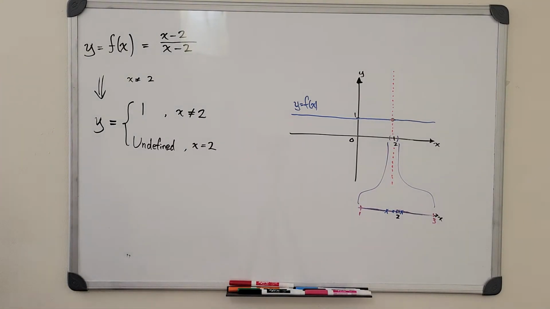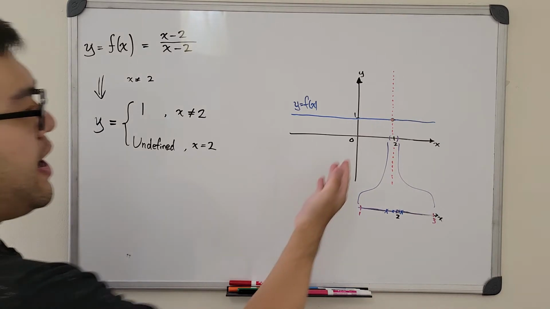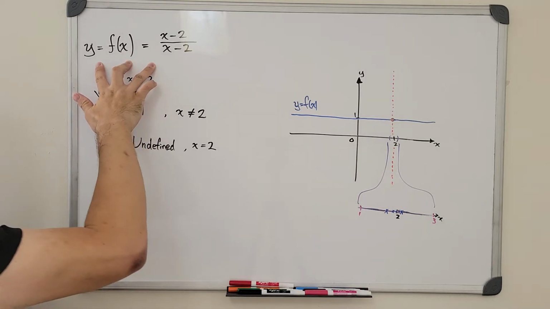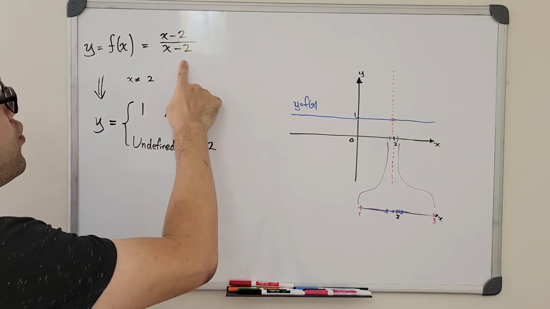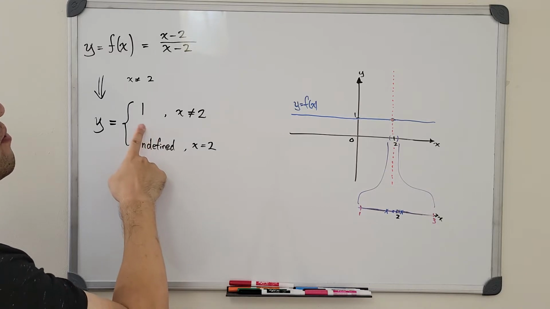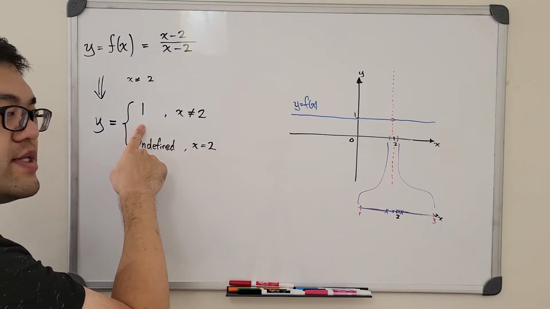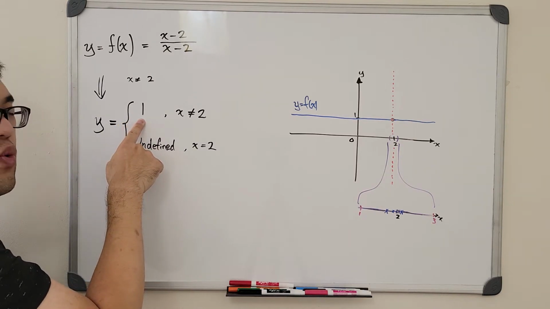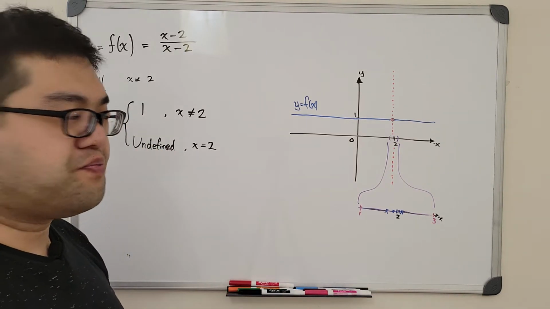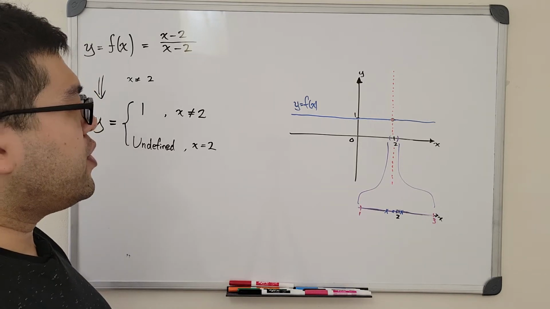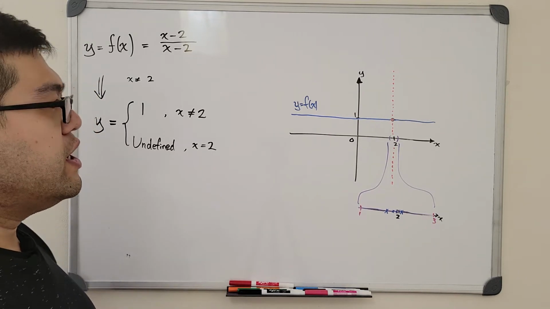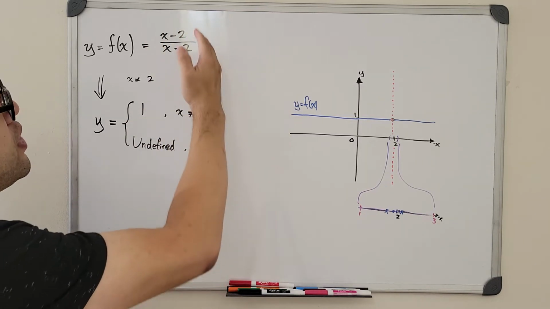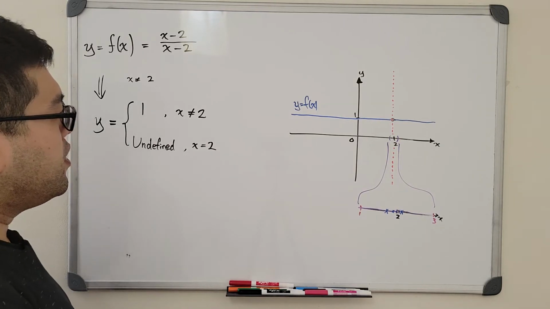Okay, then what happened? Since x is still not equal to 2, it means that if we substitute back into this function, we need to follow our definition. Meaning that since x is not exactly equal to 2, we can simplify that and then give us the value 1. In other words, this is why we're allowed to do the cancellation even if we're trying to take that limit that if we substitute in, we get 0 over 0.